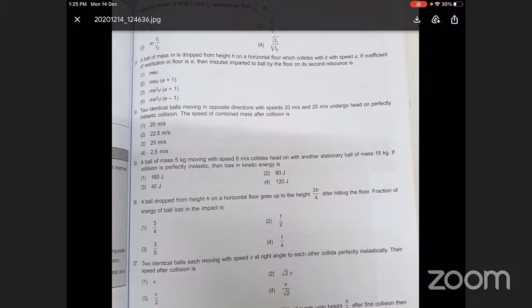हेलो, am I audible? Yes, sir. Anyone got the answer? I think because identical balls moving in opposite directions will have a perfectly inelastic collision.